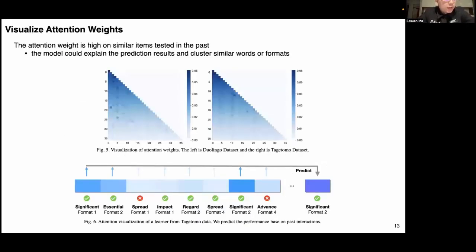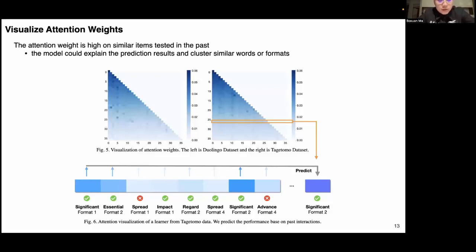Benefiting from the attention mechanism, our model can explain the prediction results, because visualizing the attention weights can help in understanding which items in past interactions are relevant to the current one. So we visualize our model's attention weights on both datasets. We choose one learner from the TargetWord dataset and use the attention weights corresponding to past interactions to predict his performance on the current item.